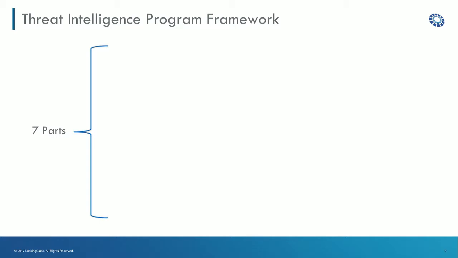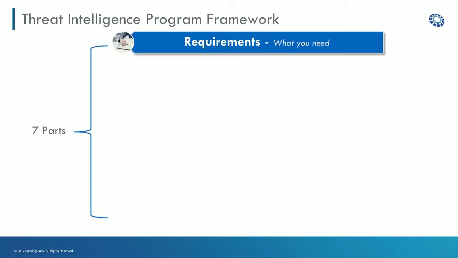So with that, I wanted to just recap the 7-part framework that we introduced previously. The first part is really before you start building a program. This might seem obvious, but oftentimes people don't really understand what their objectives are with the program. I must stress that the clearer you understand your requirements of what you're trying to get out of a threat intelligence program, the better the result is going to be.